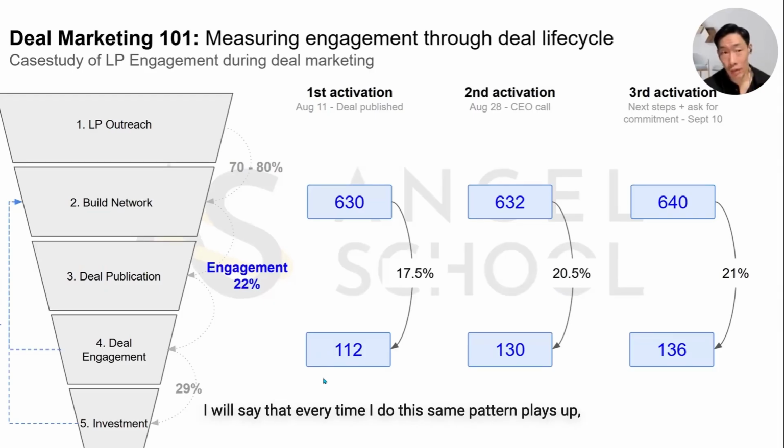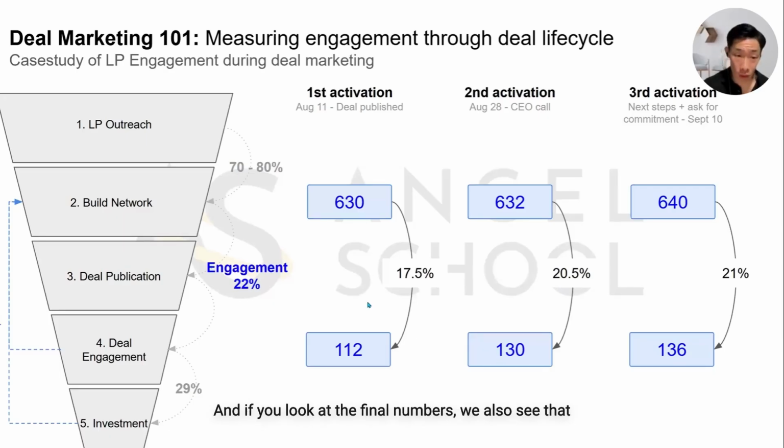I will say that every time I do, the same pattern plays out, which means that the deal publication, what you say to investors, how you say it is vitally important because a lot of the deal interest is going to come from this one single touch point, which is why I pay so much attention to how we publish the deal, the best practices around this, because a lot of the success hinges on this one single event.